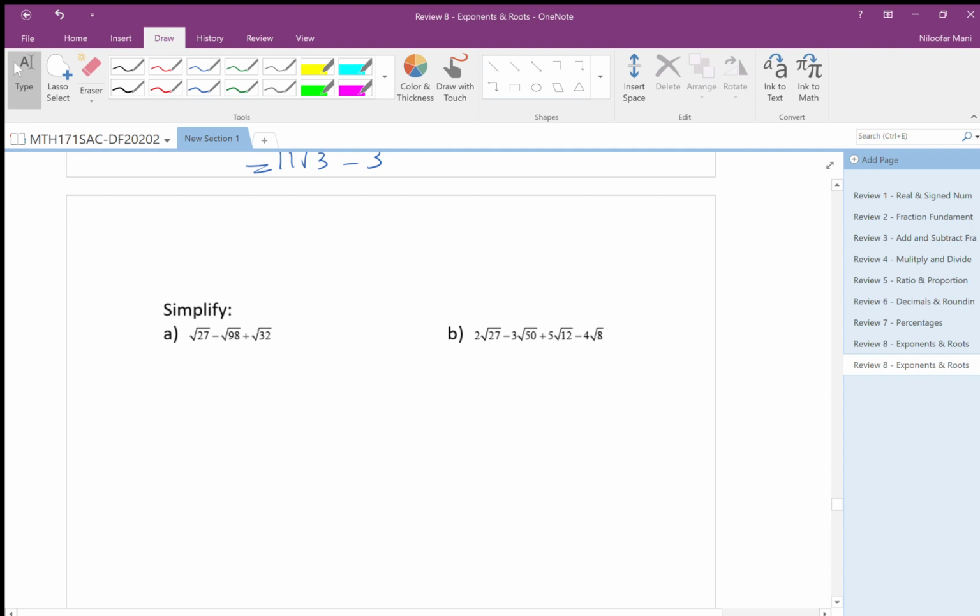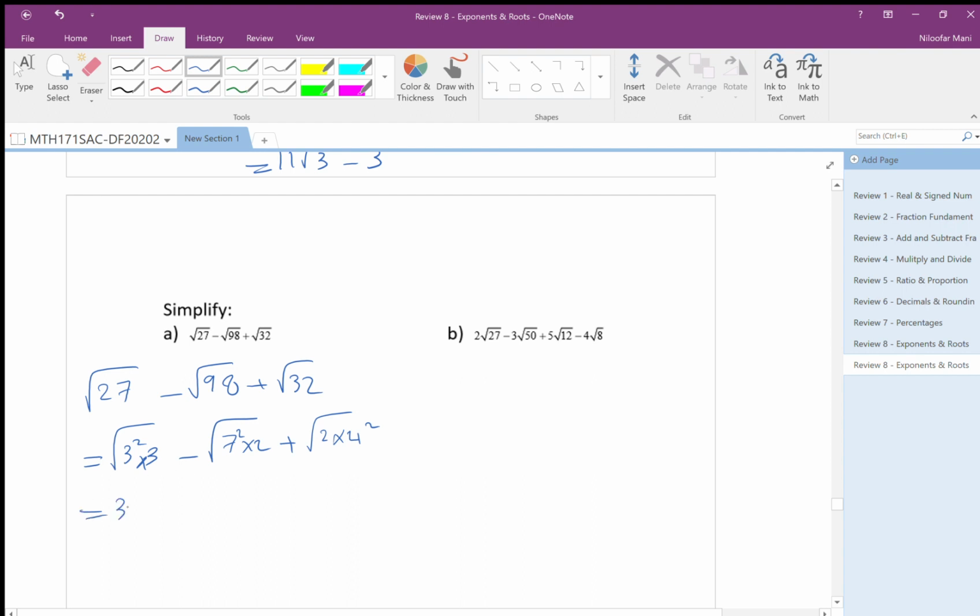Look at this. You have radical 27 minus radical 98 plus radical 32, which I can say is radical 3 squared times 3 minus radical 7 squared times 2, plus radical 4 squared times 2.